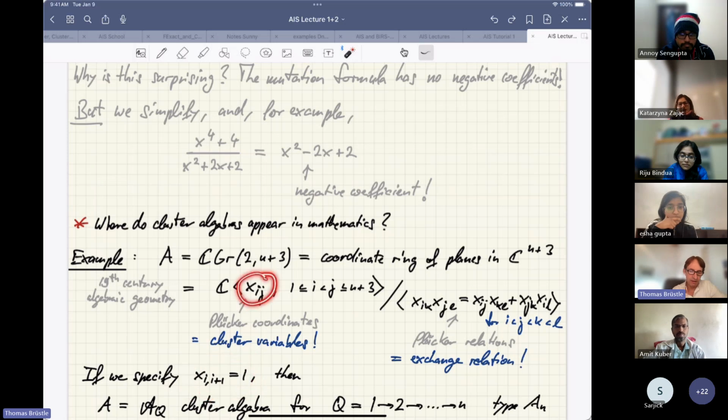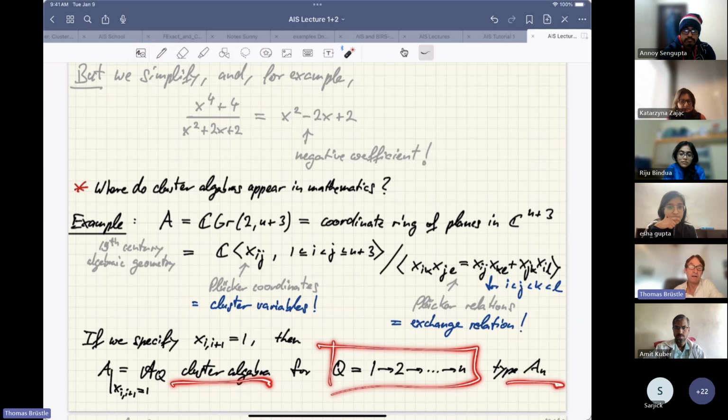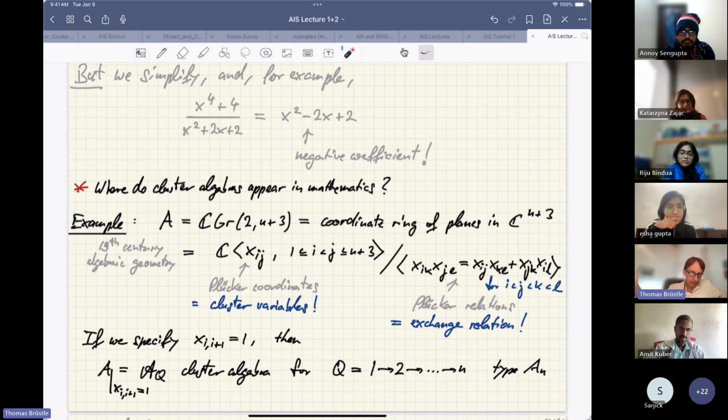Then what I do get is that this algebra, where we specify all x_{i,i+1} to be equal to 1, is actually a cluster algebra, and it is the cluster algebra of type A_n. So one of the very first quivers that you can think of appears actually in the coordinate ring of a Grassmannian, which is a very natural subject in mathematics.